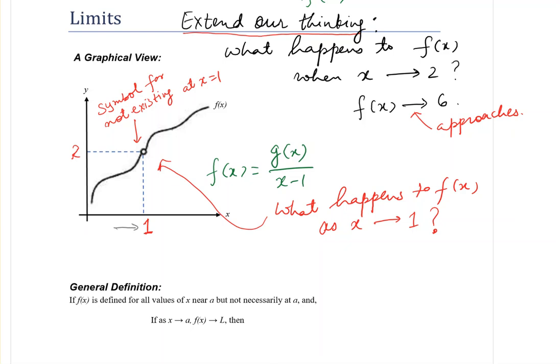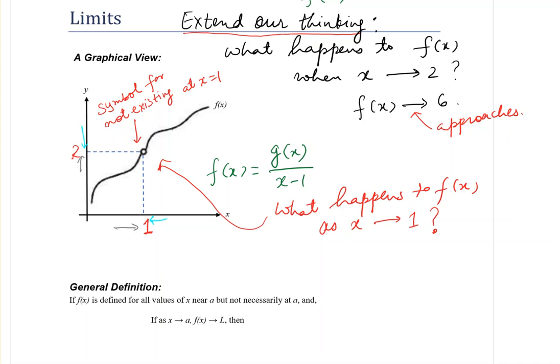When x is approaching 1, y is approaching 2. Similarly, x can approach 1 from the other side. Say we have a little more than 1, like 1.001, and the y value is still approaching 2. Small change in x, small change in y.